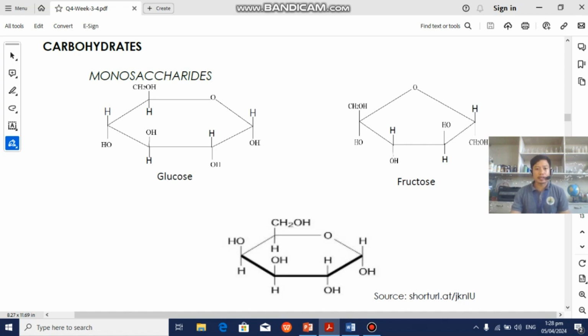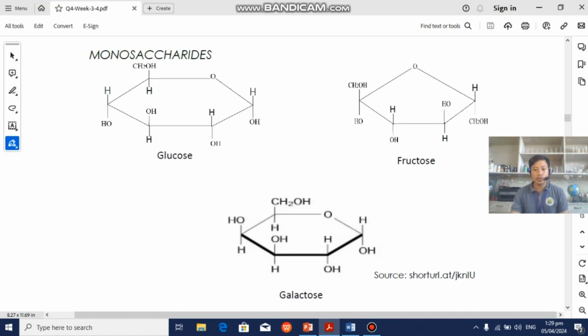Have you noticed the different elements present in monosaccharides? Yes, we have carbon, hydrogen, and oxygen. From glucose, fructose to galactose, they have almost the same elements present in this molecule.